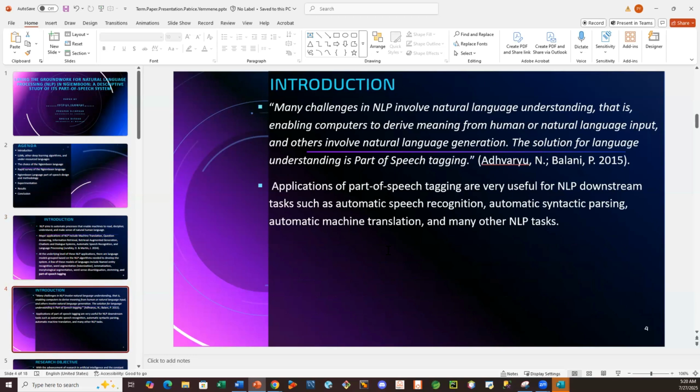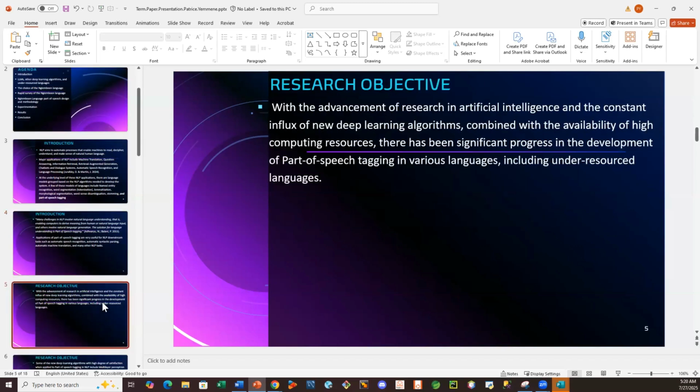There are lots of challenges in natural language understanding, and some of those challenges are resolved by part of speech tagging. The applications of part of speech tagging are very useful for other downstream tasks such as automated speech recognition, syntactic parsing, machine translation, and various other natural language processing tasks.